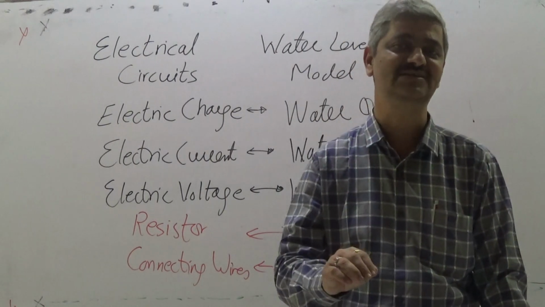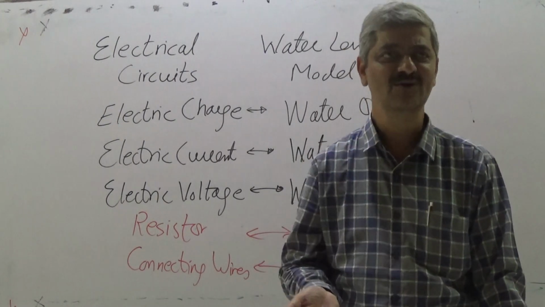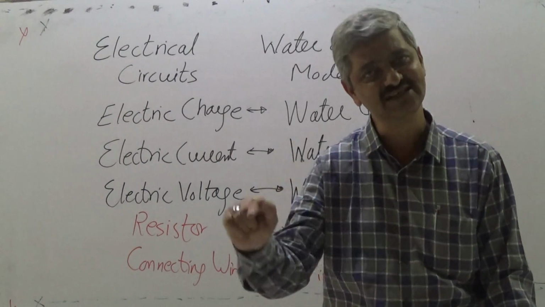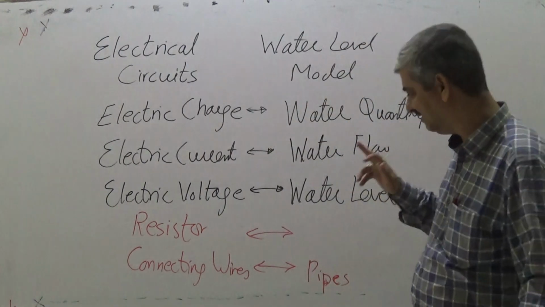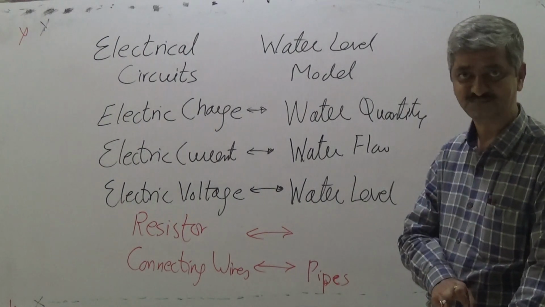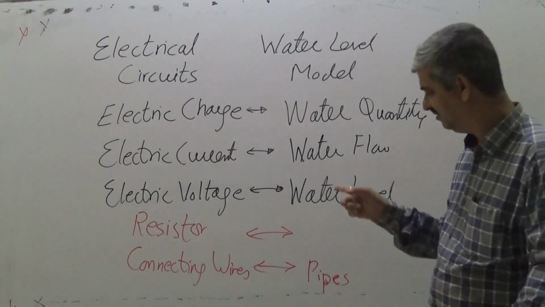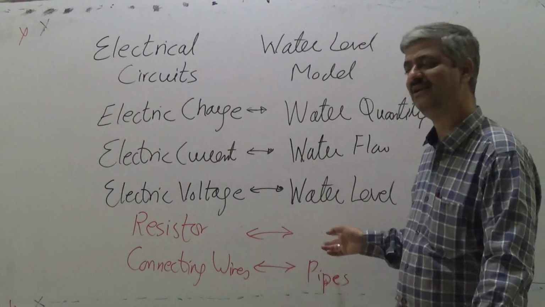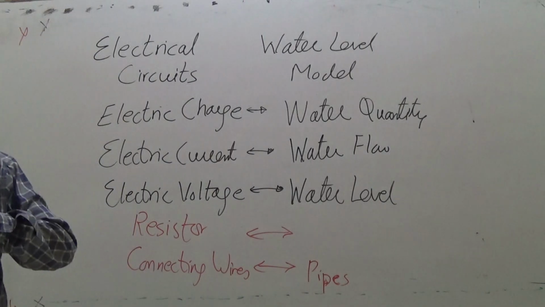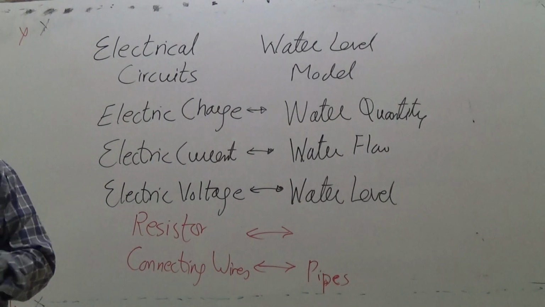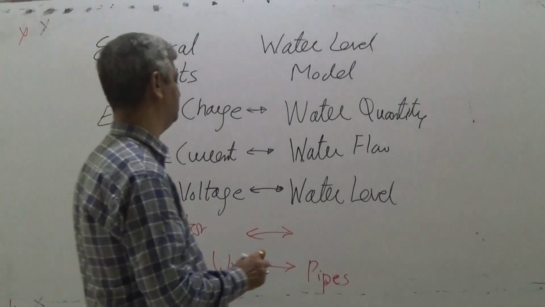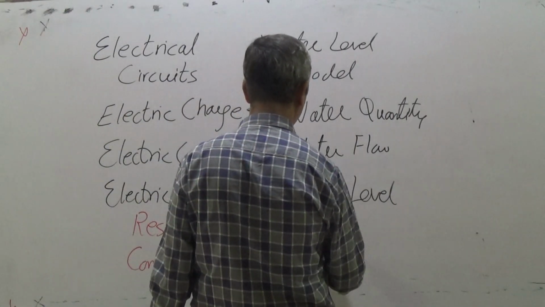Think for 2-3 minutes, and when you get the answer, or you conclude that you are not getting it, restart the video. I will write the answer without making any pause. You pause the video and then start, so that both purposes, saving time as well as preserving curiosity, are achieved. So the water level equivalent of a resistor is a valve.